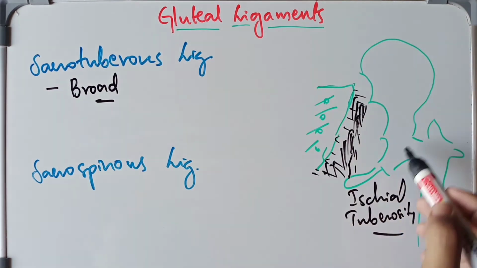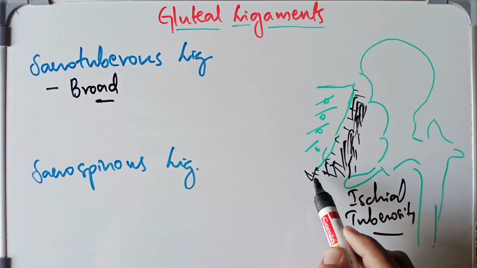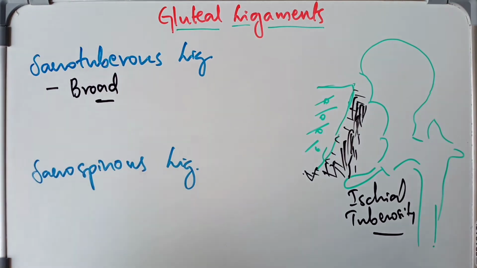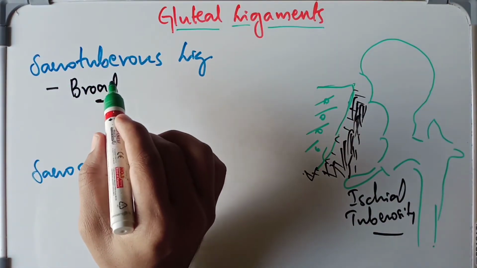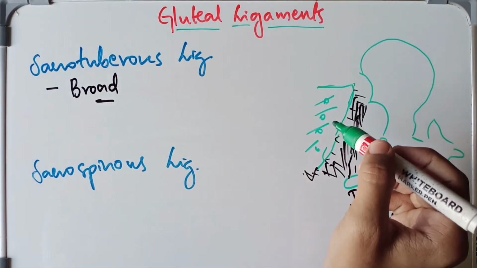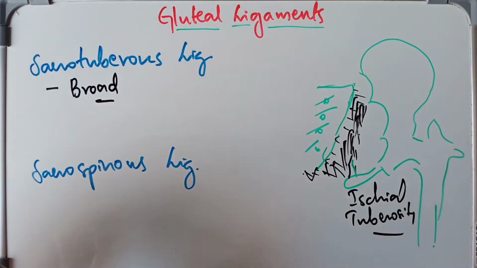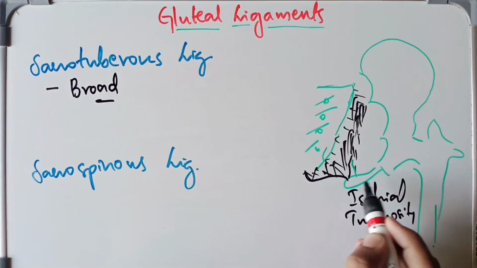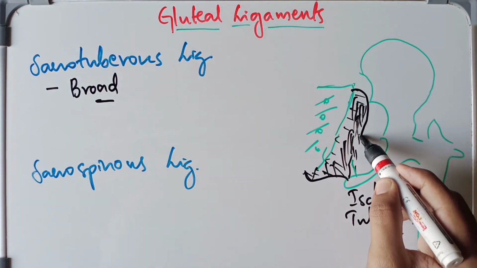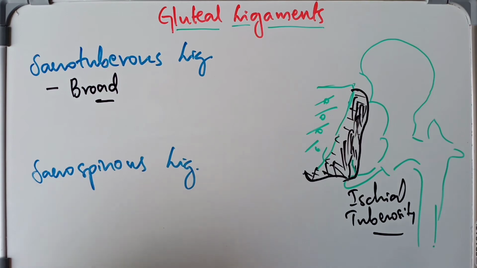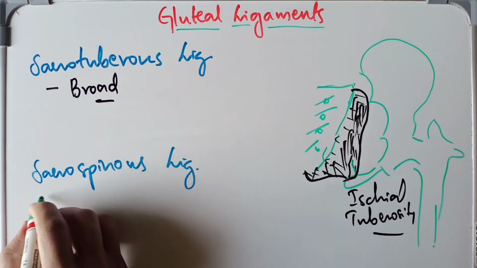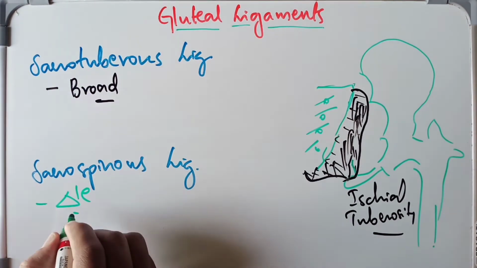This is the femur, this is the hip bone, this is the sacrum, and this is the coccyx. So the sacrotuberous ligament is a broad band of fibrous tissue which extends from the sides of the sacrum and the coccyx to the medial side of the ischial tuberosity. So this forms the complete sacrotuberous ligament.